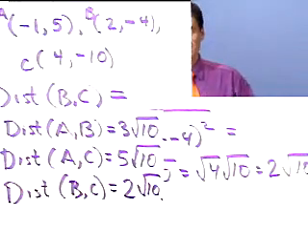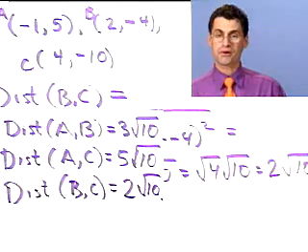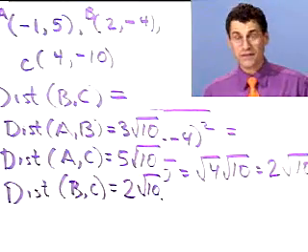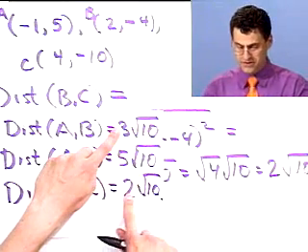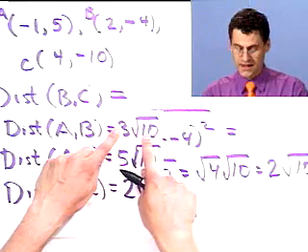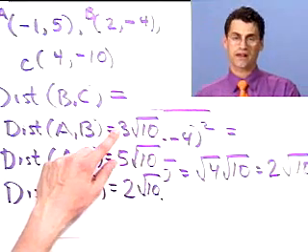Well, now the question is, are there two of these numbers that add up to give the third one? And you see, yeah, there are. These two numbers, 2 square root of 10 plus 3 square root of 10, actually equals 5 square root of 10.